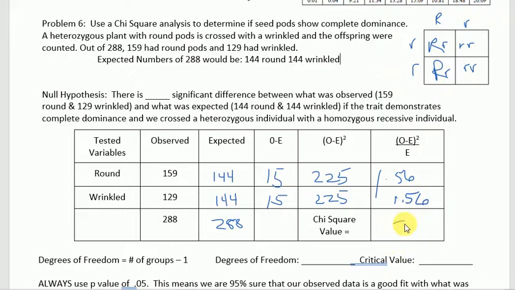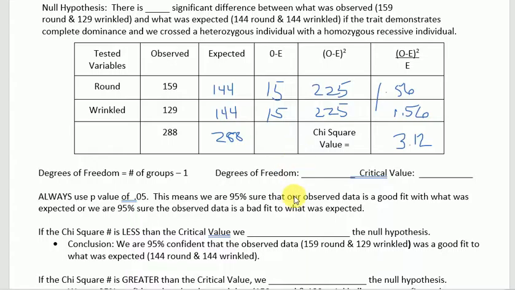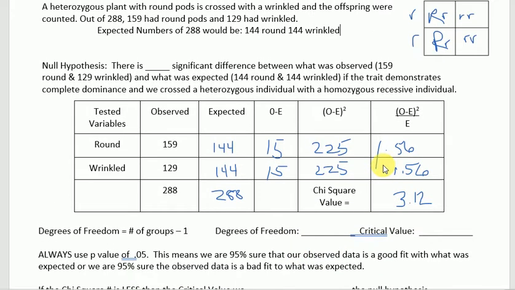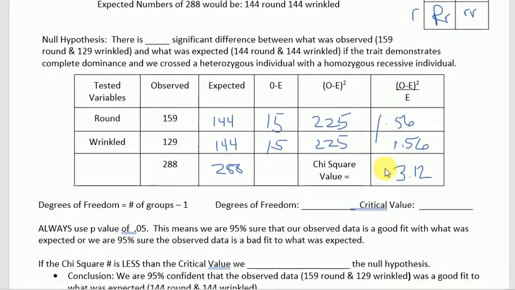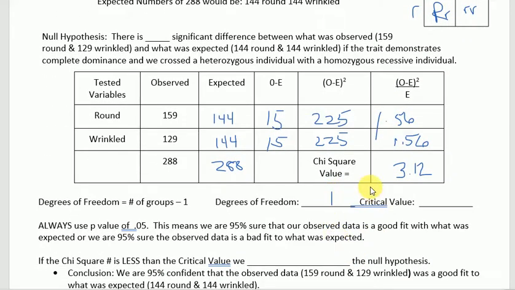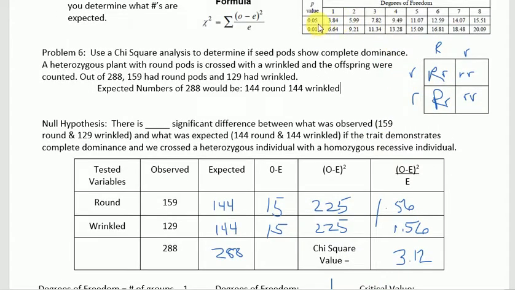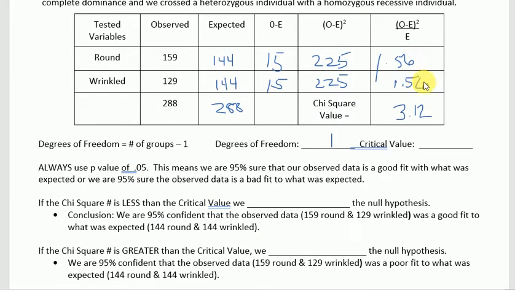So our chi-square value is 3.12. So our degrees of freedom, if you go back up and look, we had two groups. So our degree of freedom is 1. Our critical value, remember we're going to use a 0.05, is 3.84.